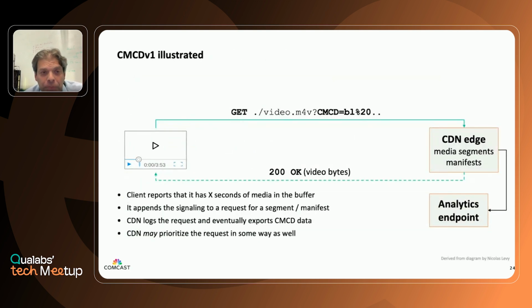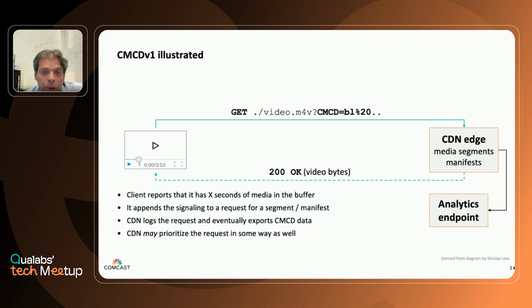An illustration: we have a player, we're getting a segment, video.m4v, and we're beautifying the URL by including the BL key, BL being buffer length. So we're getting the video byte range, and also we can go and look at the CDN logs and feed this buffer length to an analytics endpoint.